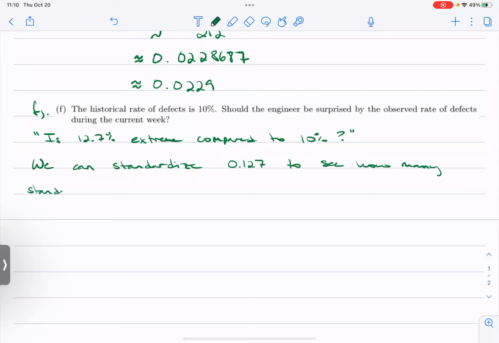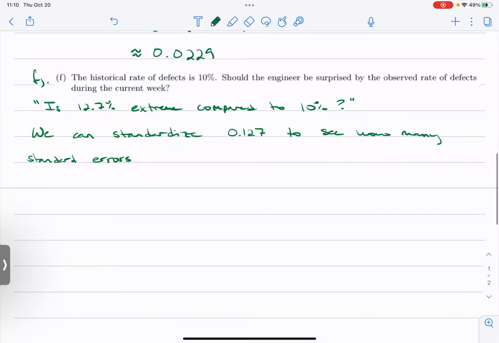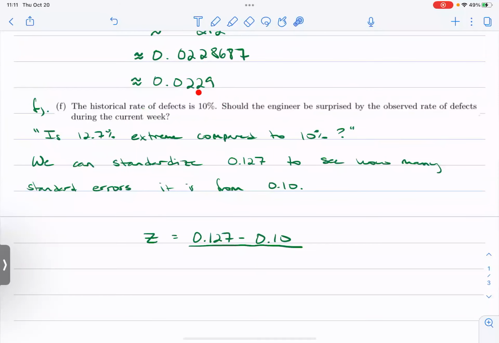To standardize is really calculating a Z-score. And I want to know how far is 0.127 from 0.10 if the spread is 0.0229.